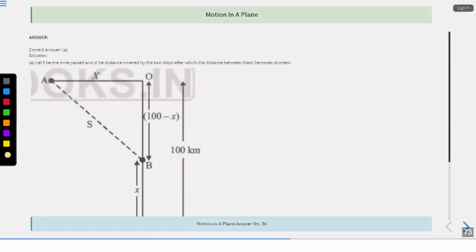Let t be the time passed and x be the distance covered by the two ships after the distance between them became shortest. Here we can see that it has traveled x distance already, and then this is 100 minus x, because the total is 100, so the distance between them is 100 minus x.